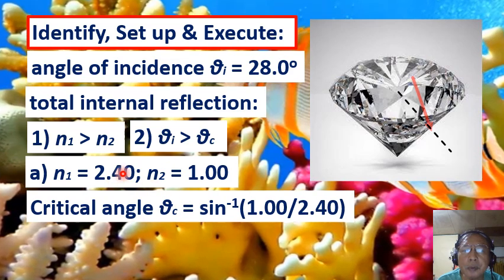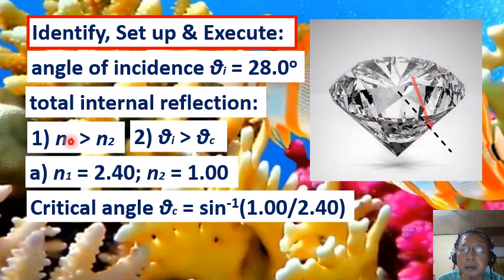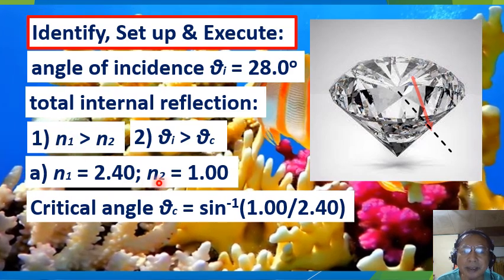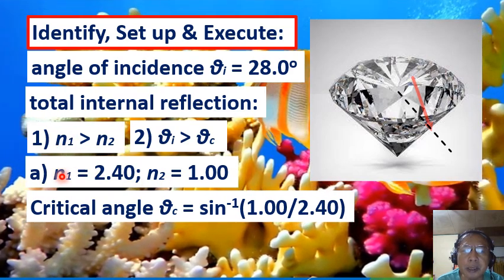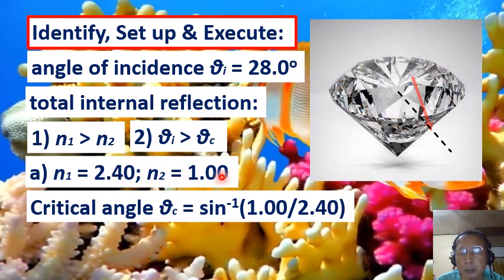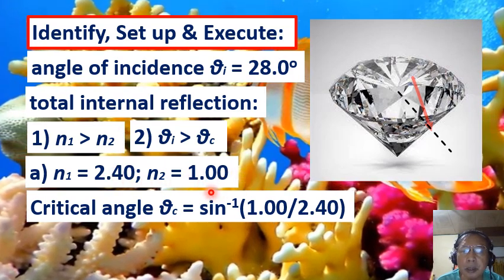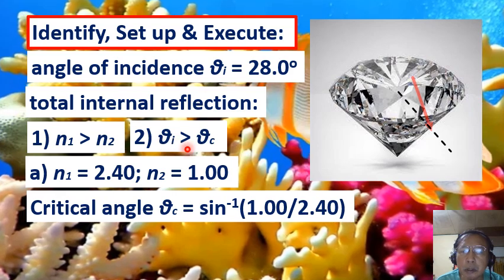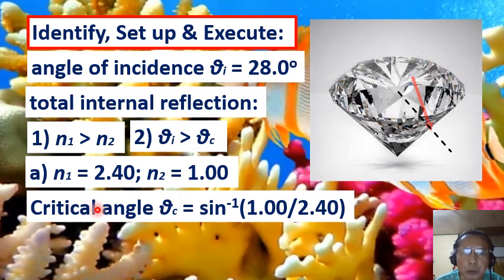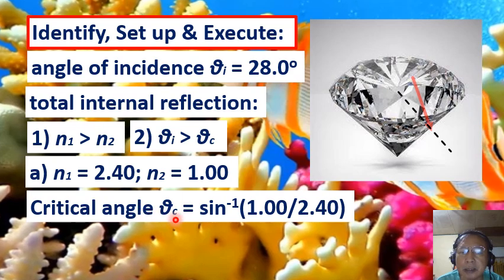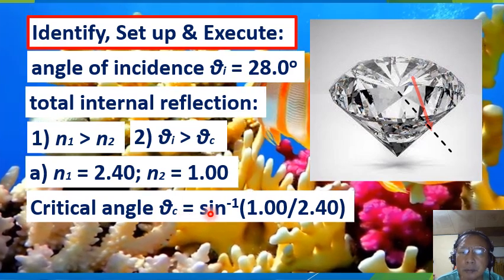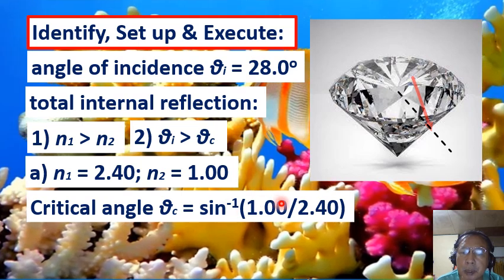So, it looks like the first condition is satisfied because the index of refraction of diamond is greater than the index of refraction of air. Now, to find out if the second condition is also satisfied, we have to compute the critical angle theta c of diamond relative to air.